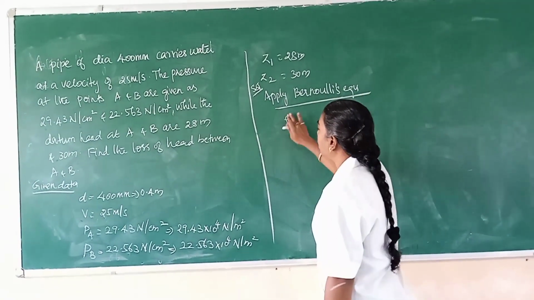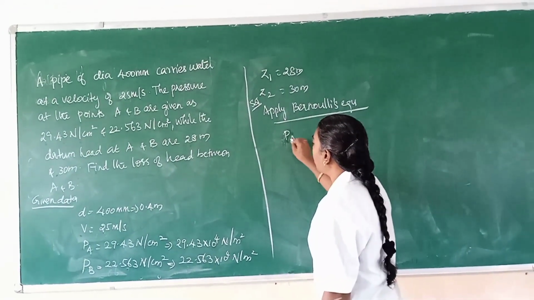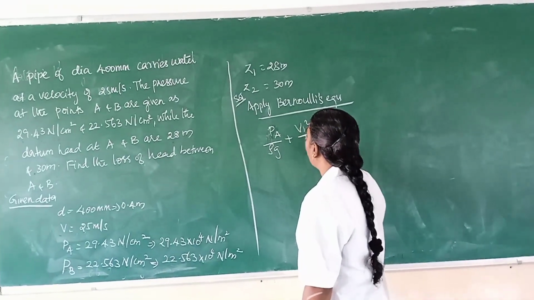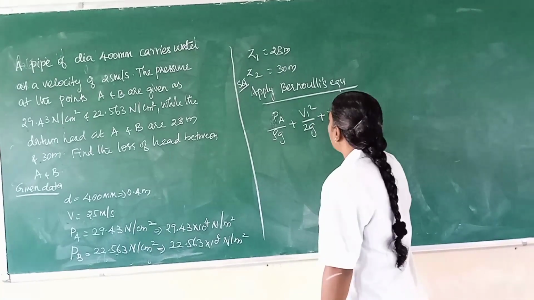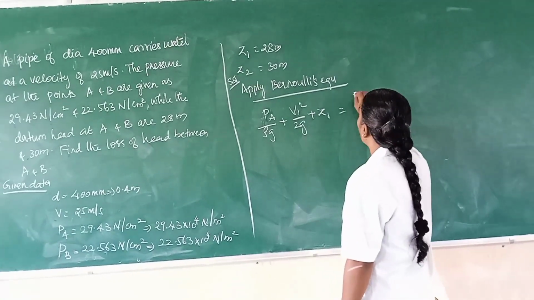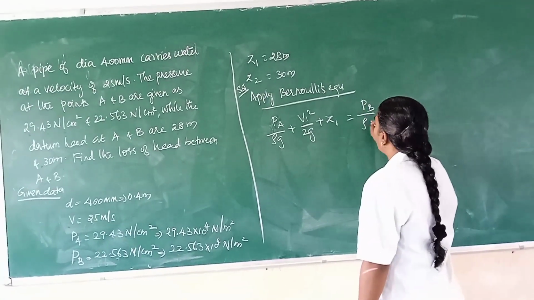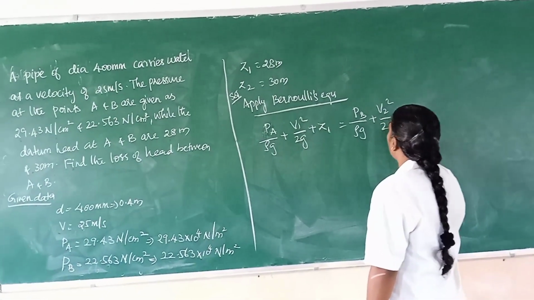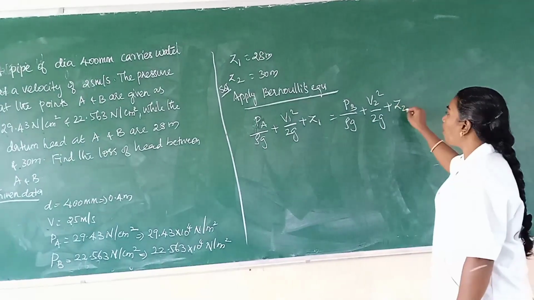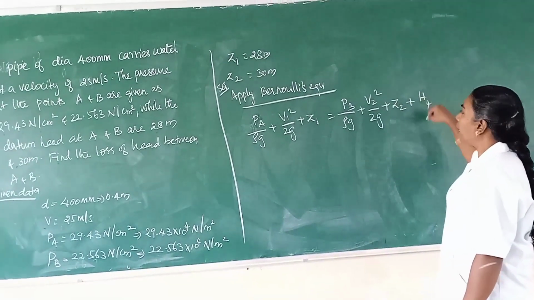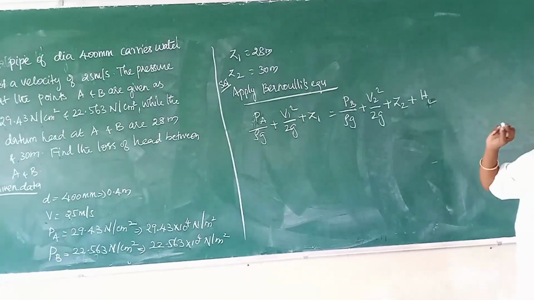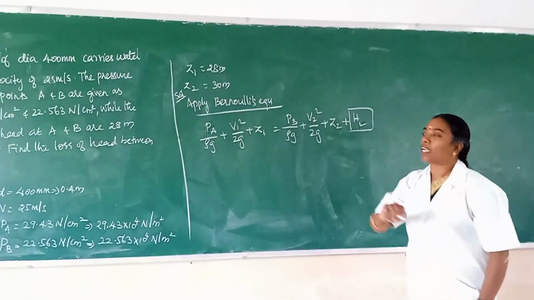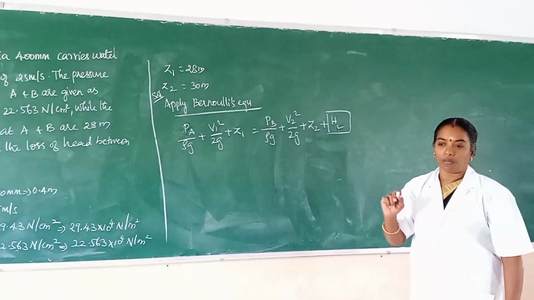PA by rho G plus V1 squared by 2G plus Z1 is equal to PB by rho G plus V2 squared by 2G plus Z2 plus there may be a head loss which may be very small. Now we are asked to find out the head loss for the problem.